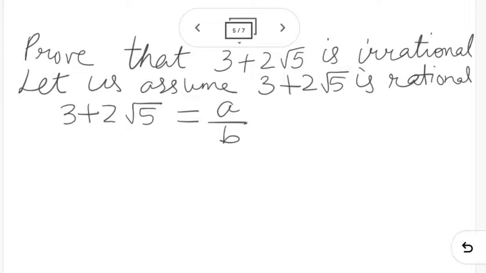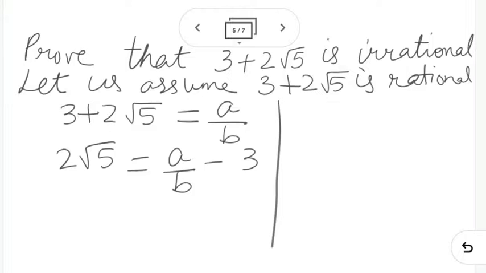First what we do, we don't take this B here, this 3 you remove. What you need to do, you need to keep this root 5 alone. We have to separate this from other numbers. So all these numbers we will take to the right side. So first of all this 3 will go here, we will be left with 2 root 5 equals to A upon B minus 3.